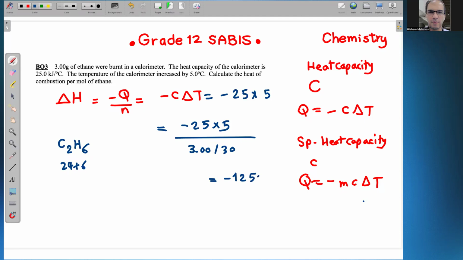Minus 1250 kilojoules per mole, or we can say negative 1.3 multiplied by 10 to the power of 3 kilojoules per mole. So we did nothing different. Also, the mass over the molar mass gives the number of moles, and Q here is the total amount of heat, which is equal to capital C multiplied by delta T.